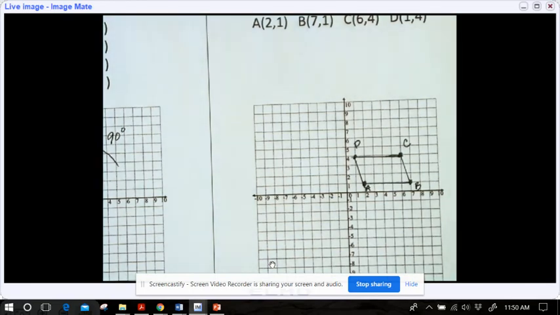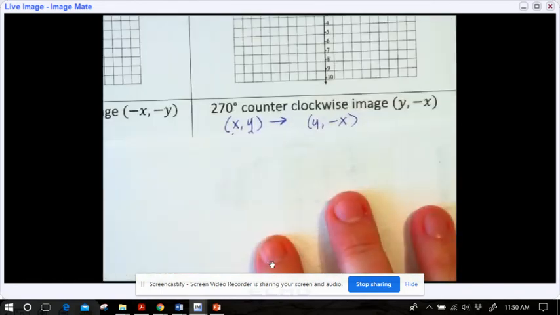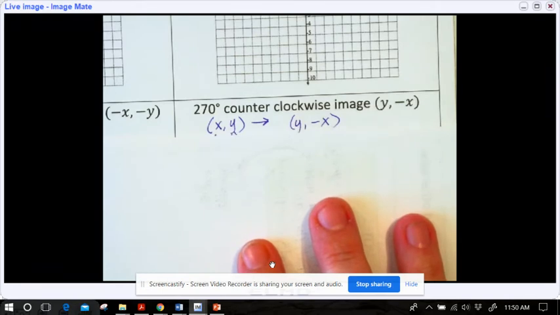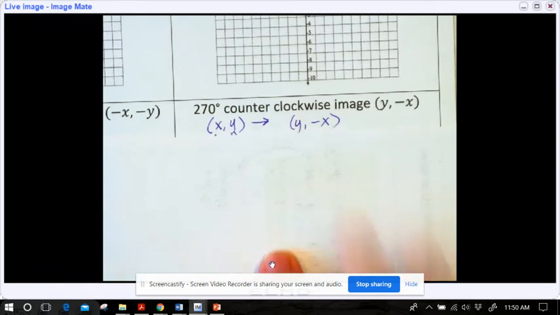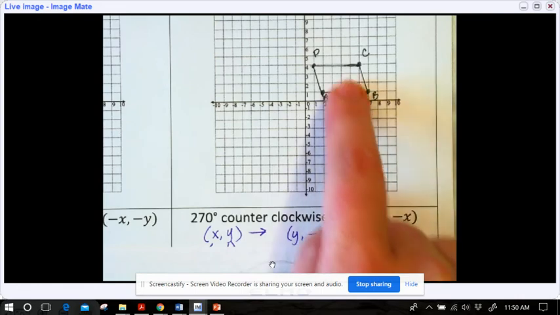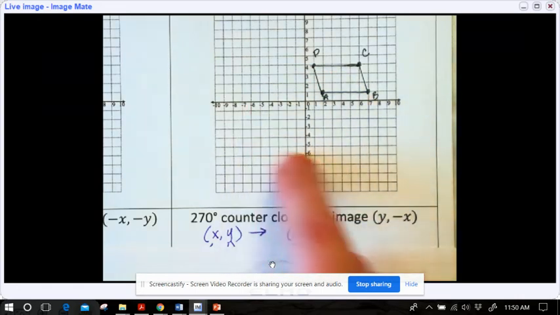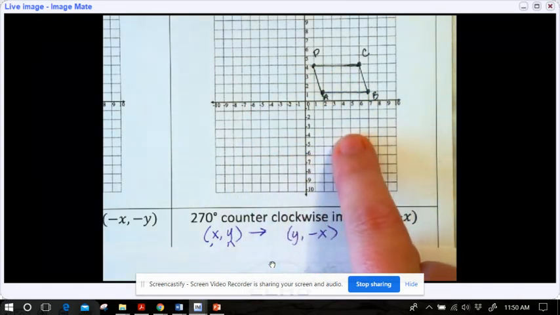Now let's take a look at our rule for 270 degrees. Our rule for a 270 degree rotation is going to take this pre-image and rotate it all the way around to here.